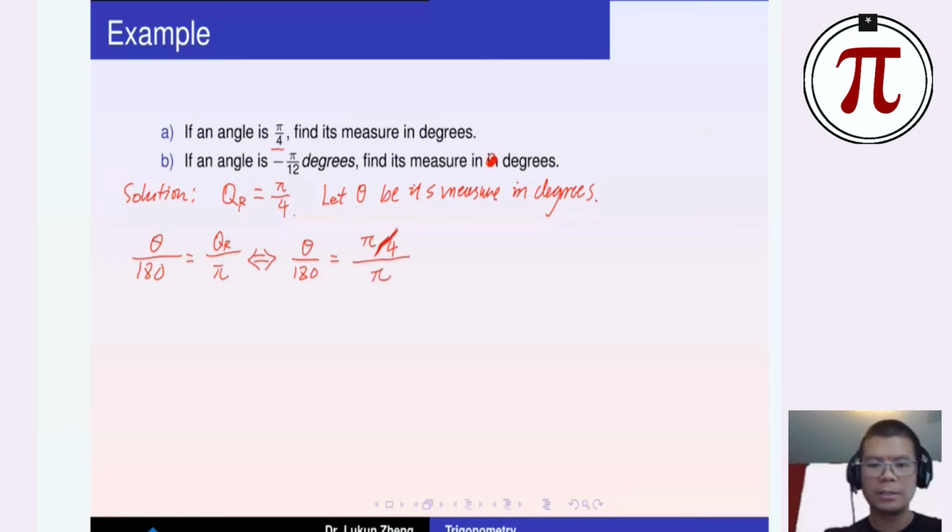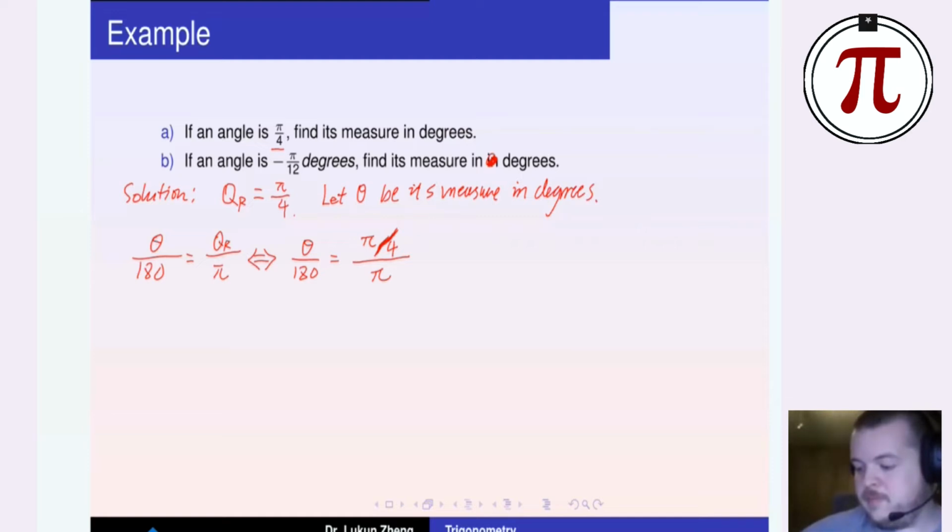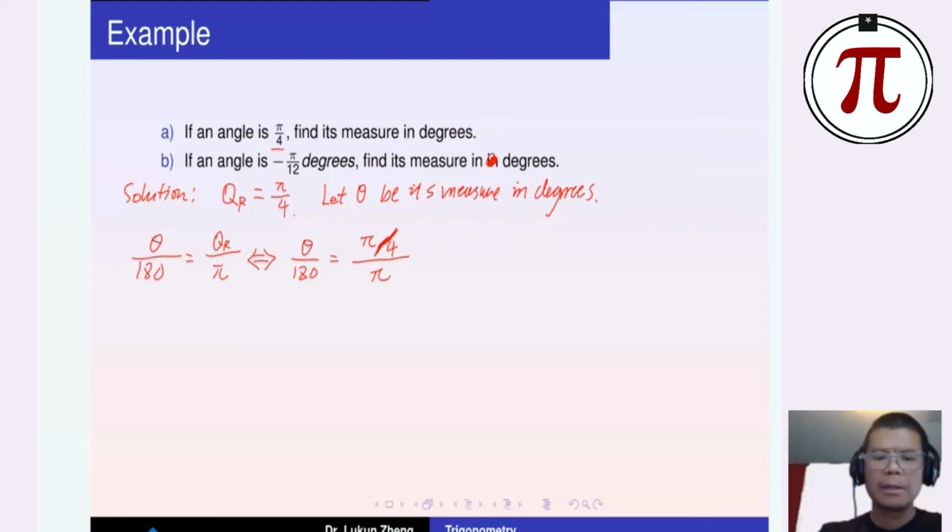Now to find this theta, we can divide by pi on the top and the bottom.